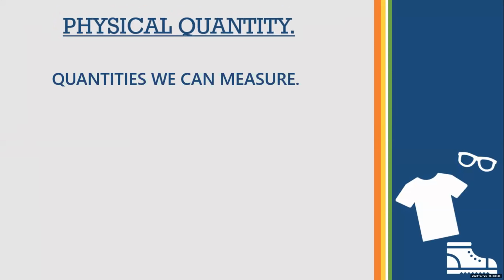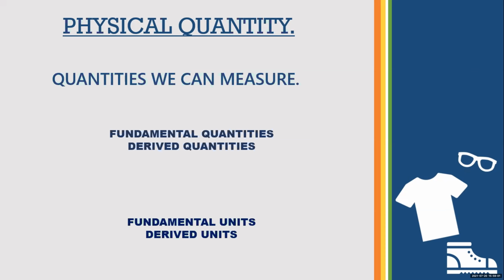Physical quantities are quantities which we can measure. We will be able to measure these quantities under some conditions. In physical quantities, we have fundamental quantities and derived quantities. And from this, we have fundamental units and derived units.